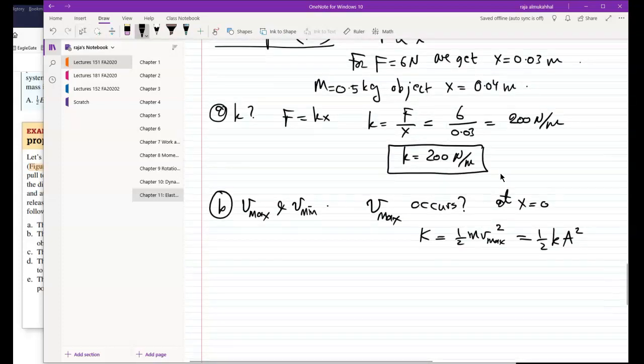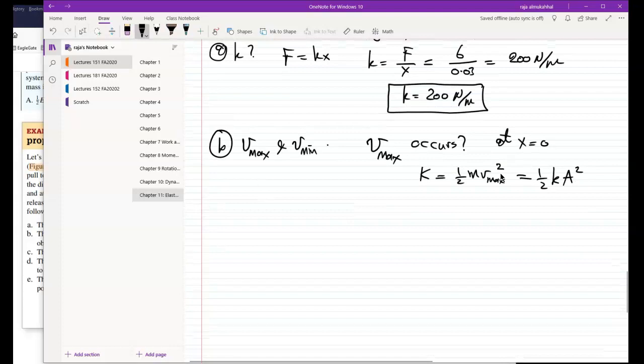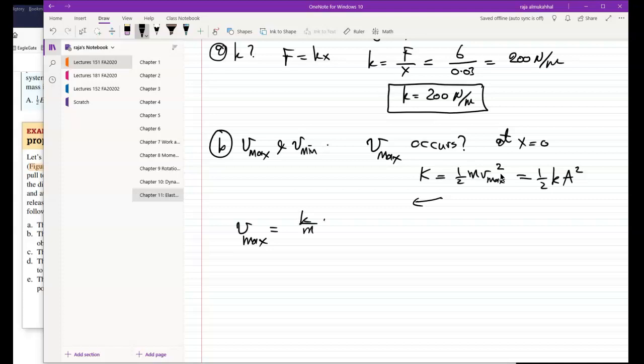And so with that in mind, in this case, the halves cancel out. So the Vmax is basically equal to the square root of K over M times A squared. All I need to do is plug in the numbers. K, I just found from part A, so that will be 200 over the mass, he said is 0.5 kilogram, times A squared, he said is 0.04 quantity squared, all of that under the root.